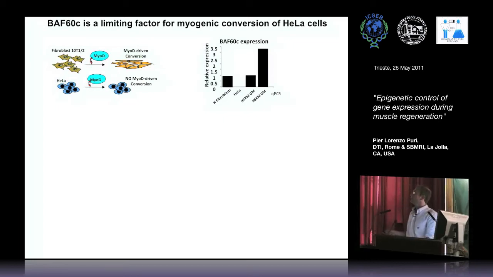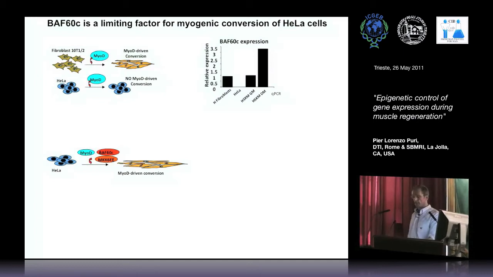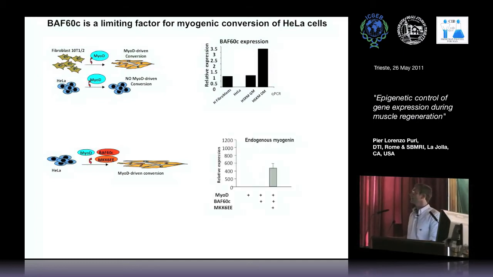So we found that HeLa cells, which are notoriously resistant to MyoD-dependent conversion, lack the expression of BAF60C. So the first experiment was reintroducing BAF60C in HeLa cells and realizing that upon introduction of BAF60C and activation of P38, HeLa cells could express myogenin in the presence of MyoD.